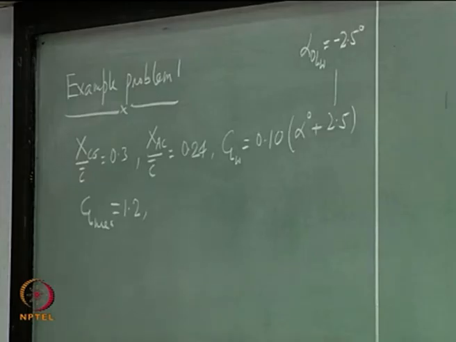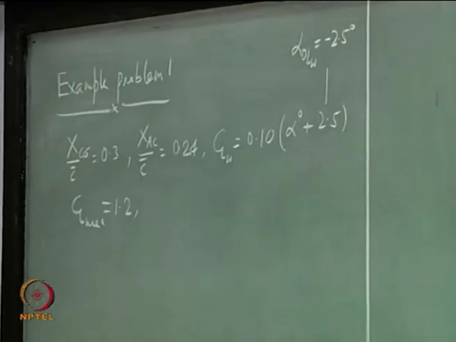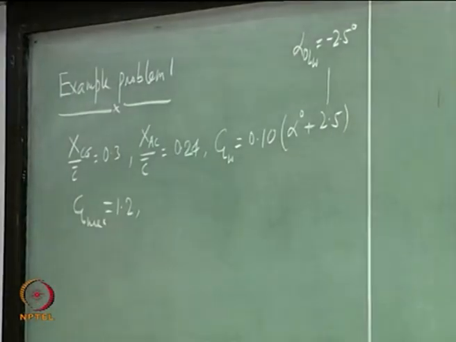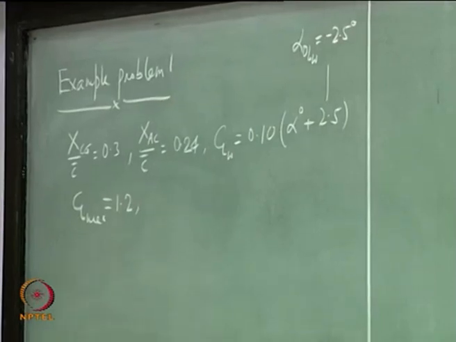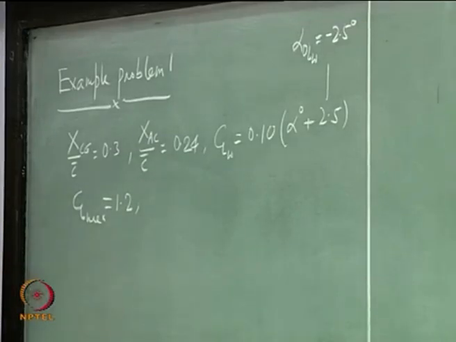So, we talk about CL of the wing, right, and this CL max you get when you have maximum elevator up deflection, right, because you are trying to move the elevator up and the aircraft is pitching up, is it not. So, this CL max corresponds to the delta E max that is given to you.